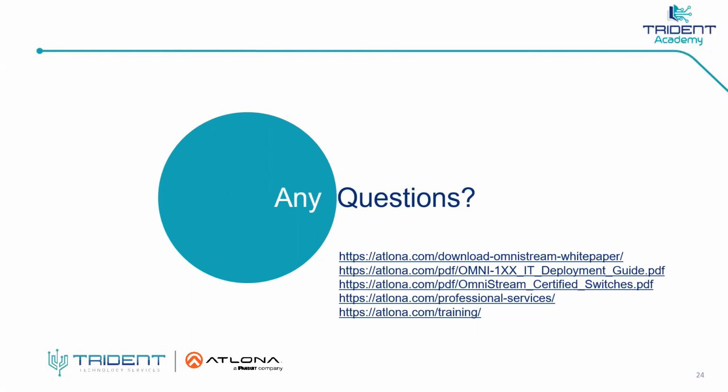Another one, I think is the last one: which AV over IP is better, 1G or 10G? Correct. I did not talk about this one, but of course it's very important to understand what the customer needs to do.